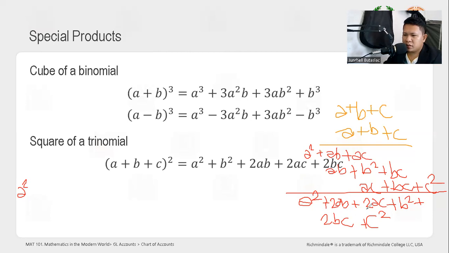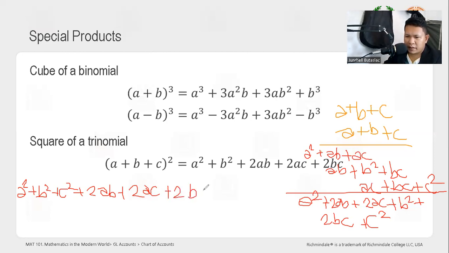There's no cancellation at all, right? So that's a squared plus b squared plus c squared, plus 2ab, then plus 2ac, plus 2bc.